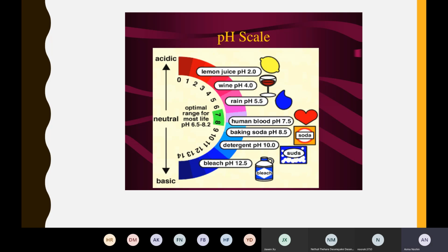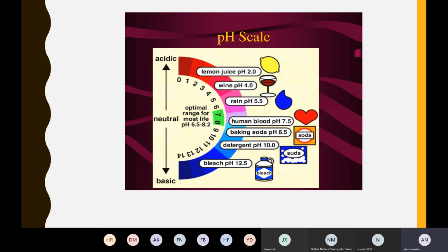See over here, this is the pH scale, and this is showing you some numbers from 0 till 14. Can you see this? The colors are shown and the numbers are written.